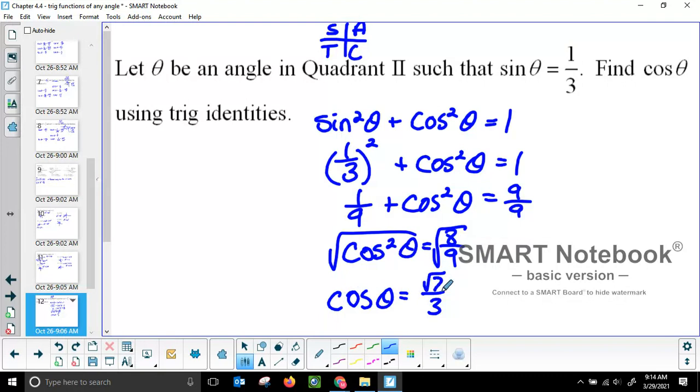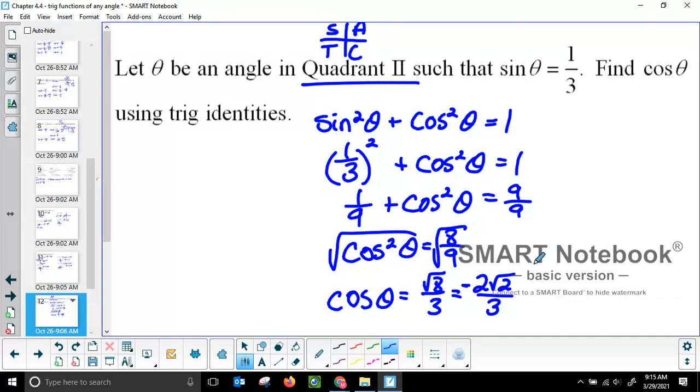The square root of 8 can be simplified because 4 goes into it evenly. So this is 2 square roots of 2 over 3. And we said that we're in quadrant 2, and in quadrant 2, cosine has to be negative. So I have to make that negative.